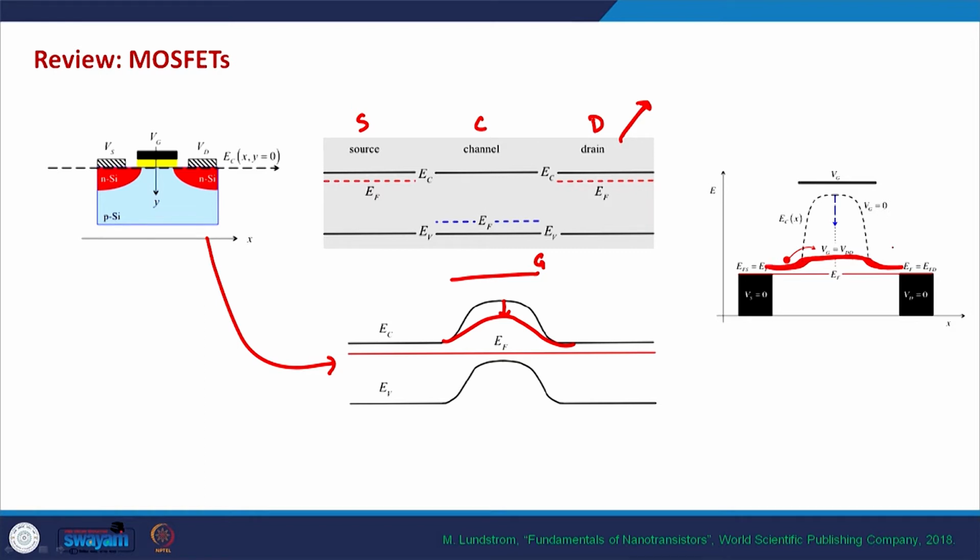Also we saw that if we apply a drain voltage, then the drain side conduction band goes down, and the symmetry of electron concentration around the barrier is also disturbed. So by applying a gate voltage we can change the barrier height itself, and by applying a drain voltage we can change the probability of electrons crossing the barrier.